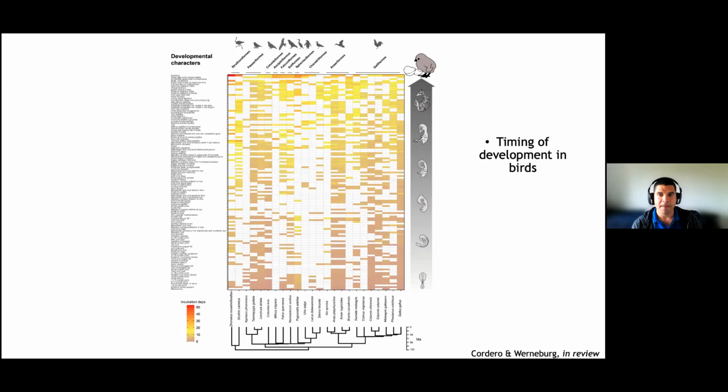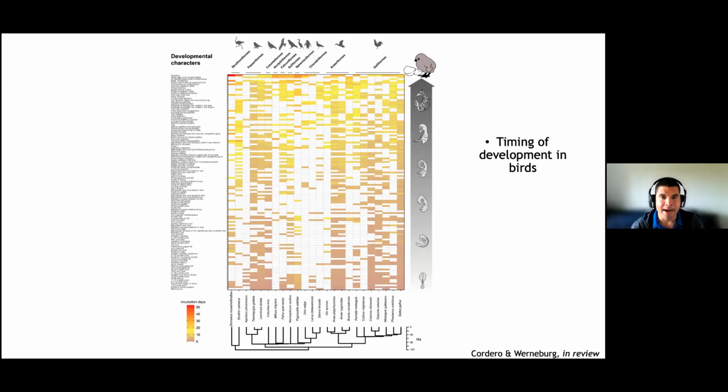We also did a much broader analysis. We did a follow-up study to see what was happening in the rest of birds. What we're looking at here in this heat map visualization is the timing for about 115 developmental characters in birds. And they're arranged according to phylogeny.